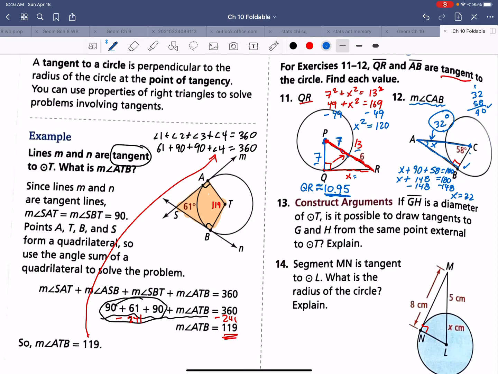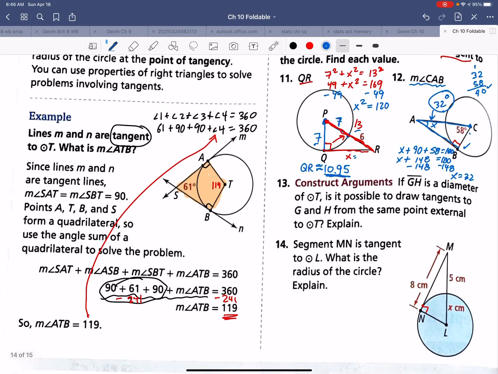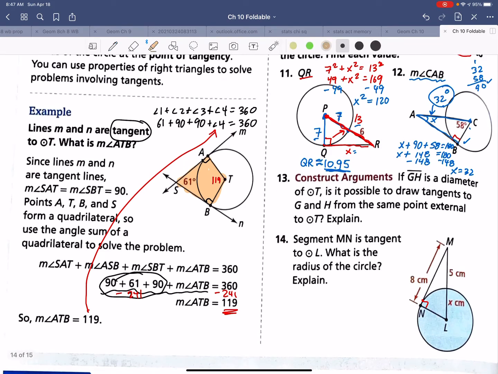All right, 13. Construction argument. If GH is a diameter, so I'm going to just draw a quick circle here, right? If GH is a diameter of T, so we'll call that T, is it possible to draw a tangent to G and H from the same point external to T?